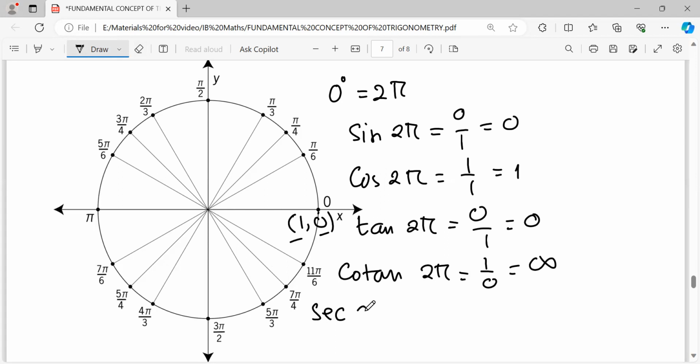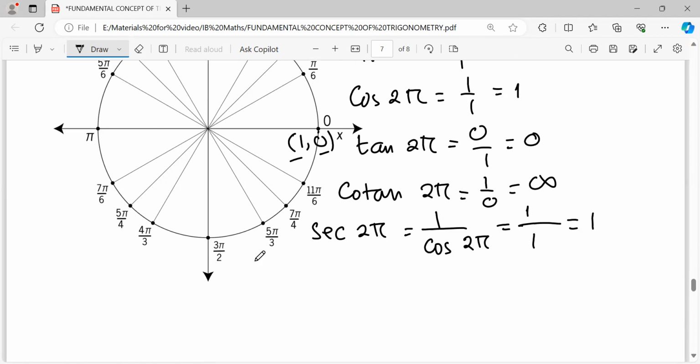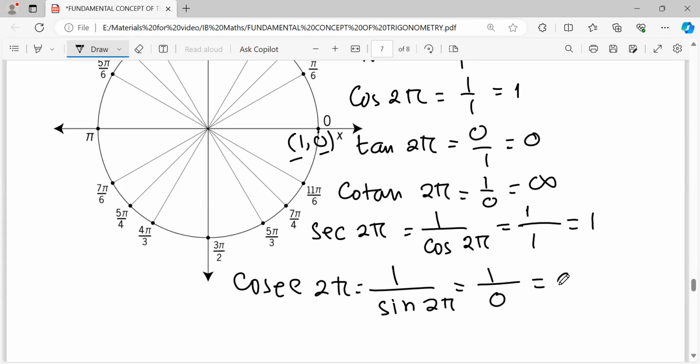Secant 2 pi equals 1 over cosine 2 pi, equals 1 over 1, which is 1. Cosecant 2 pi equals 1 over sine 2 pi, equals 1 over 0, undefined.